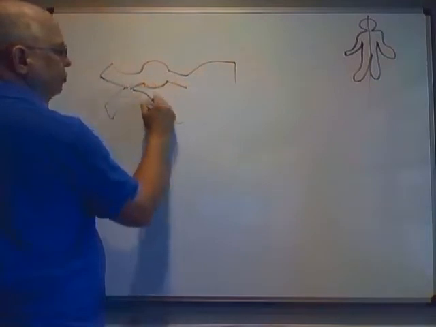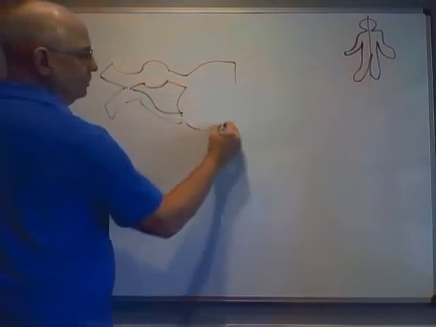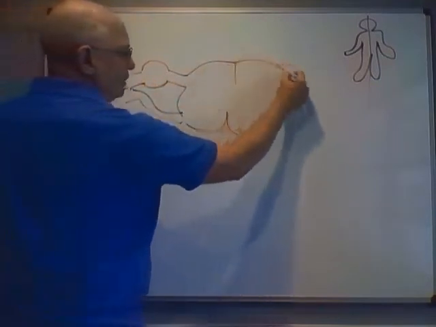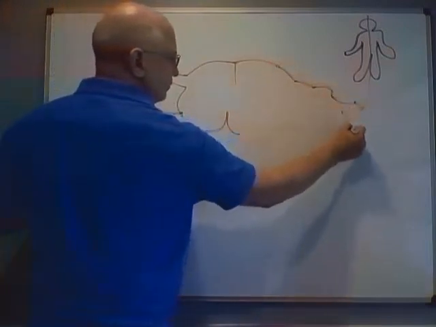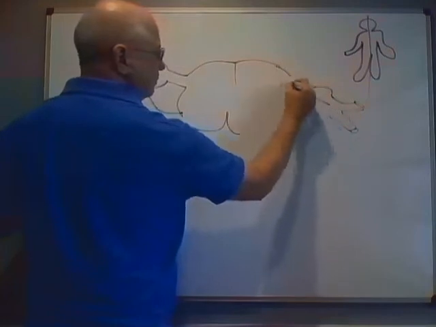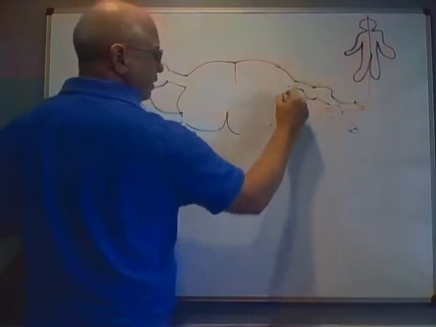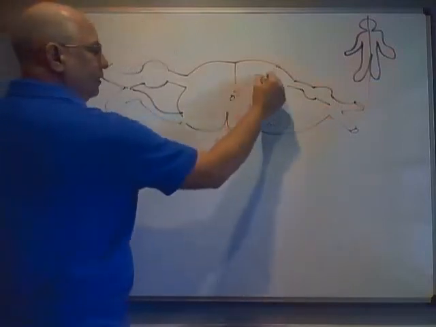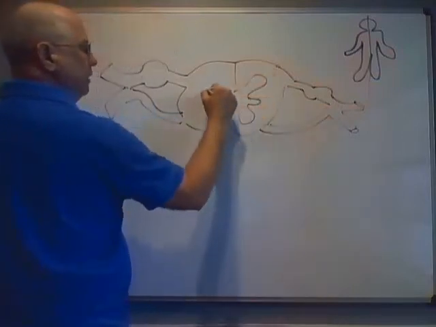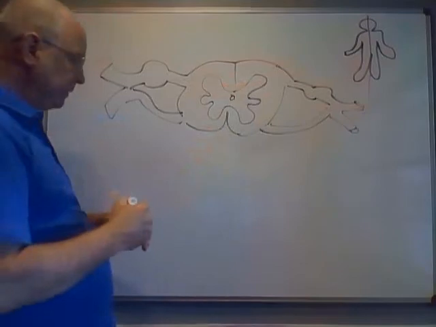We have the dorsal root ganglion, the ventral root, and we have all the spinal cord here, okay? So, we have the gray matter and all the horns here, okay?